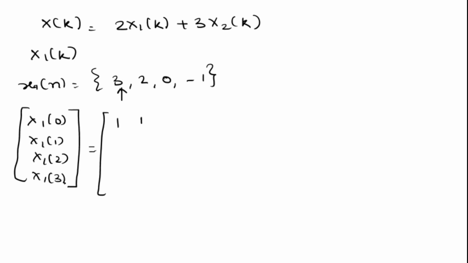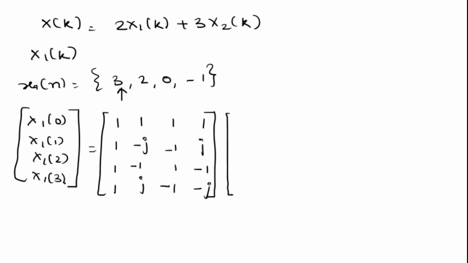It is 1, 1, 1, 1, 1, 1, 1, minus j plus j plus j minus j. It's minus 1, minus 1, minus 1, minus 1. This is 1. It should be multiplied with x1 of n, 3, 2, 0 and minus 1.